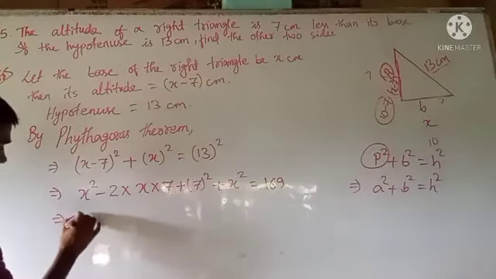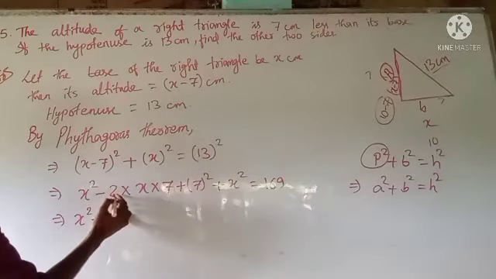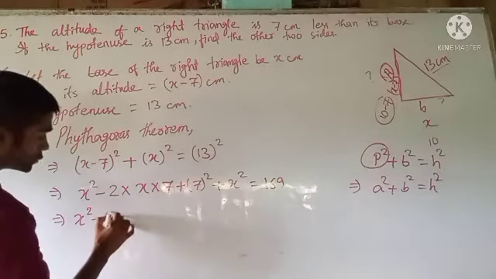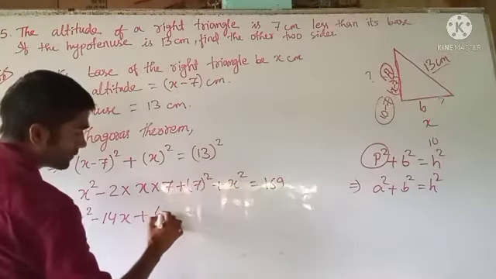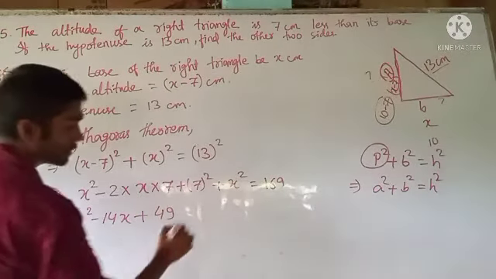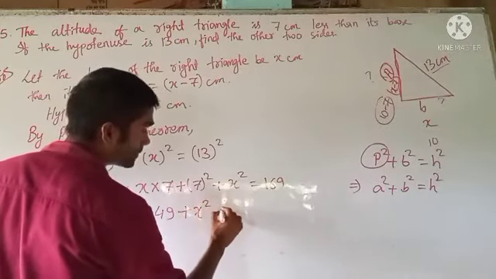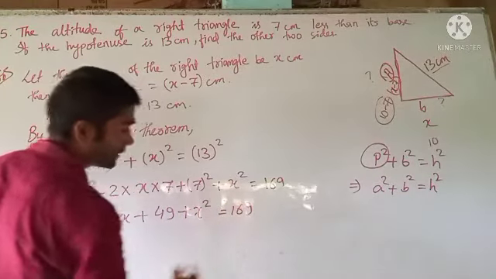Now x square minus 2x into 7, that is 14x, plus 7 square, that is 49, plus x square is equal to 169.